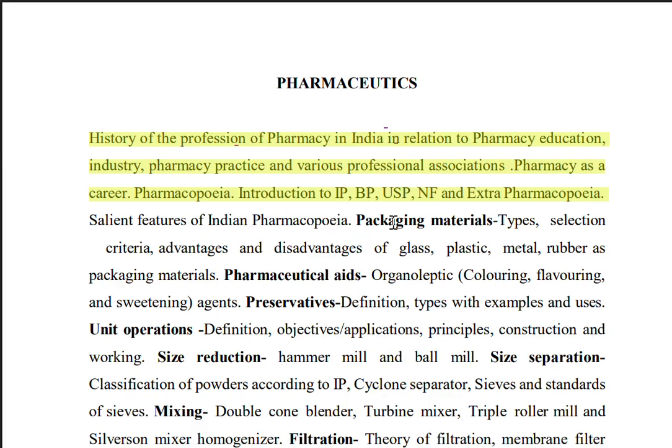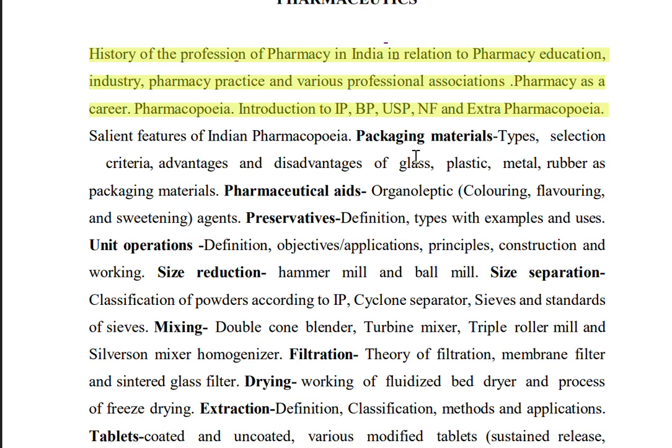Moving on to the next topic, pharmaceutical packaging material. In this topic, we have the types of packaging materials. For example, we have glass as a packaging material. There are four types: type 1, which is borosilicate, then type 2, type 3 and type 4.